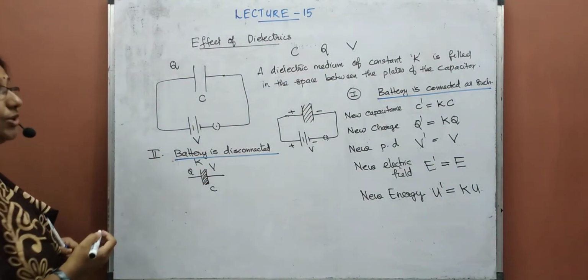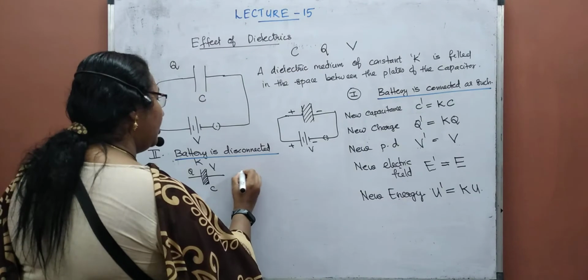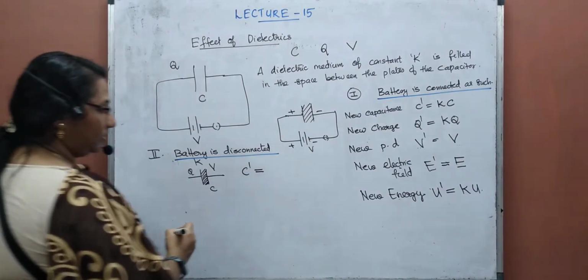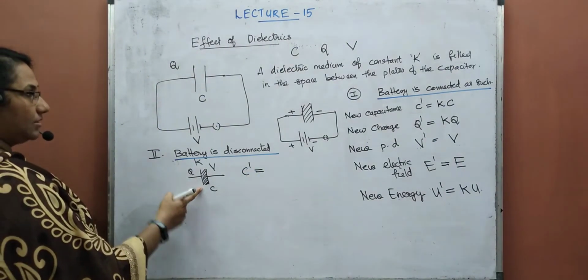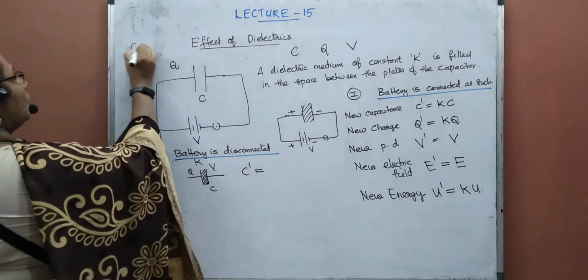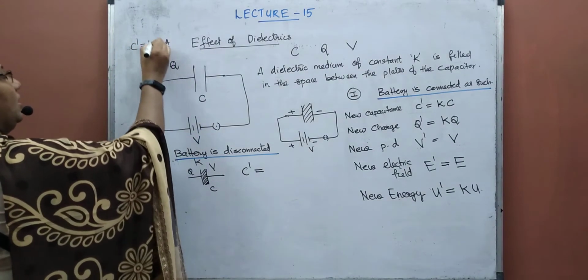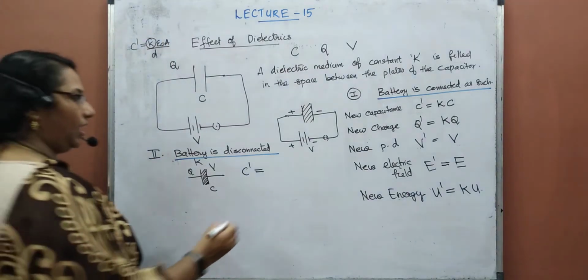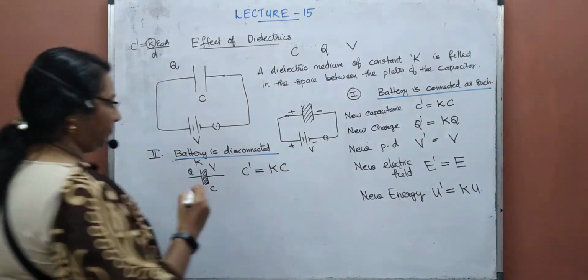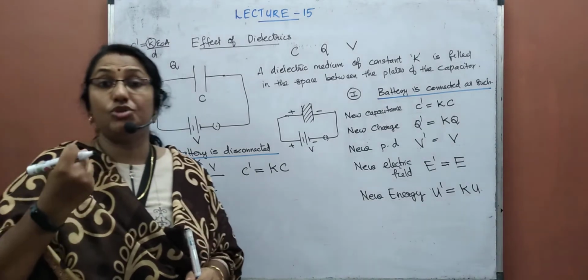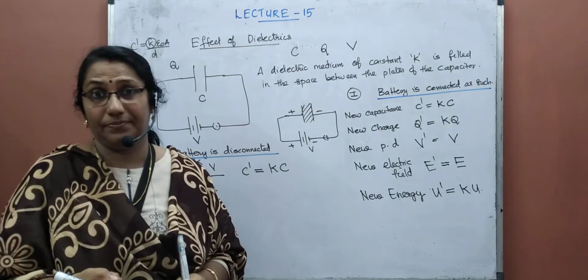What happens to the new capacitance? Tell me. New capacitance C dash. The medium is filled, sorry. So we can write C dash is equal to K epsilon 0 A by D. Now too it increases by K. Kc. That is, its capacitance to store the charges increases.